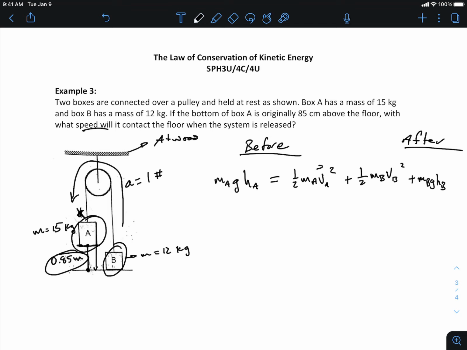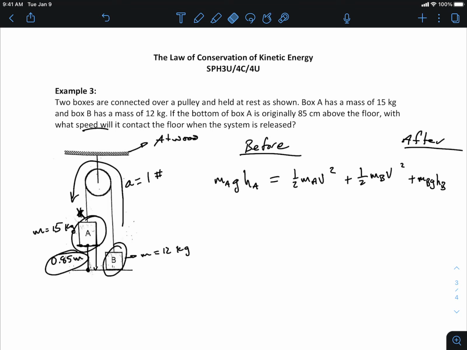The velocities will be opposite in direction, but you'll notice I'm not drawing vectors on these. So we're not really taking into consideration the direction here. It's just the magnitude of the velocity. So the speed of A and the speed of B. So these are just going to drop out to be just speeds. It's the same speed.